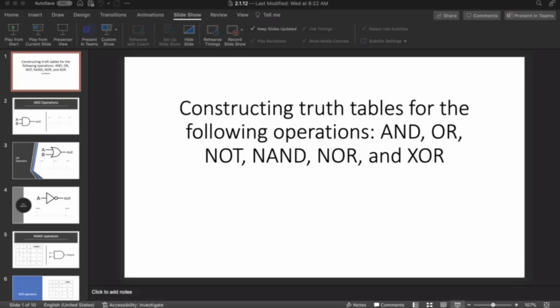Part B, write a logic statement that corresponds with the following logic circuit. We are given three different types of logic gates, the AND, NOT, OR, and we have to write a logic statement.